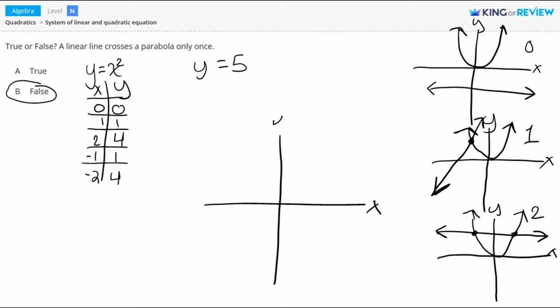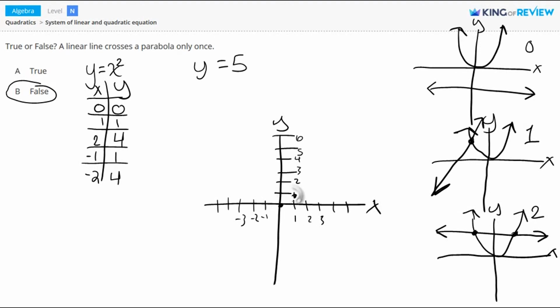Here's our x-axis and our y-axis. Okay, so our first point is at 0, 0, which is right here.